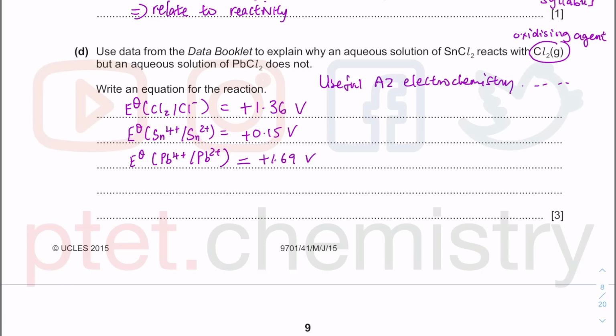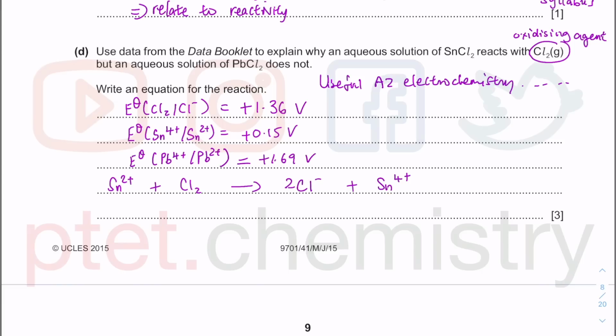So we are saying that there is a reaction between Sn2+ and Cl2. If we have a reaction between Sn2+ and Cl2, what we're going to get will be the Cl minus and the Sn4+. So Sn4+ there, and 2 Cl minus. This will lose 2 electrons, and this will gain the 2 electrons.